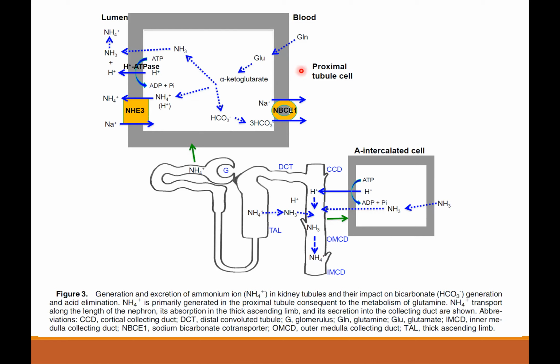In the proximal tubule. Okay. Now the sodium that has come in and the bicarbonate that is generated are pushed into the body. Bicarbonate is conserved when ammonia is excreted, and sodium also is conserved by the sodium bicarbonate cotransporter NBCe1, which is a symporter, in the same direction. This is an antiporter, this is a symporter.